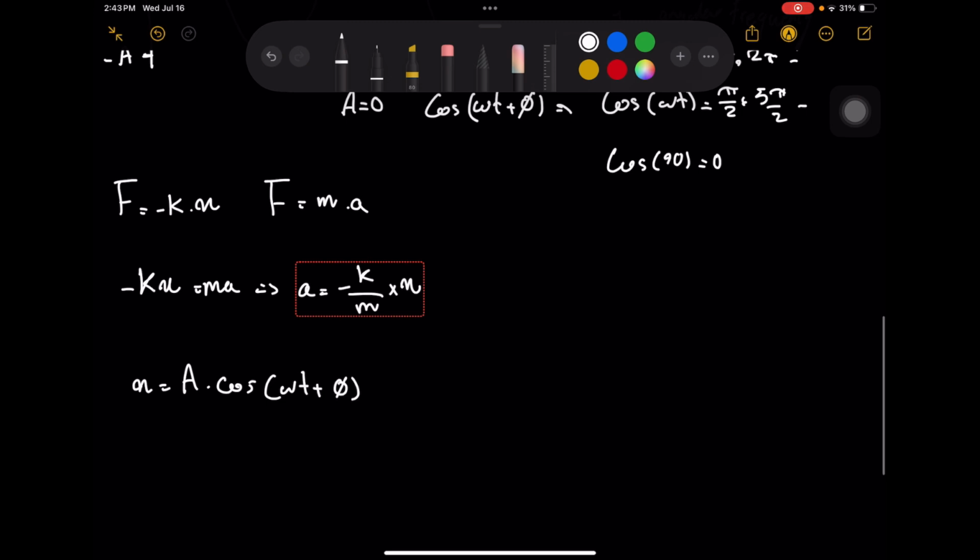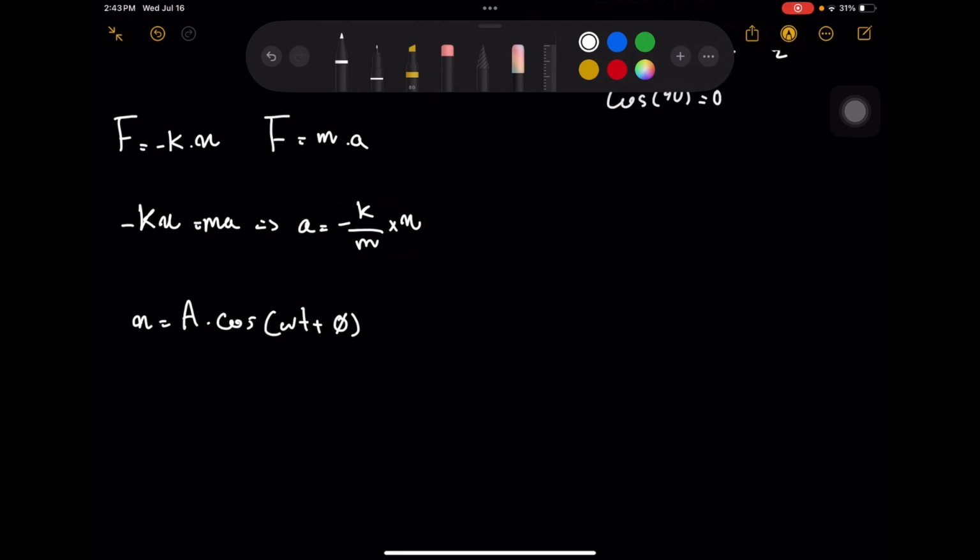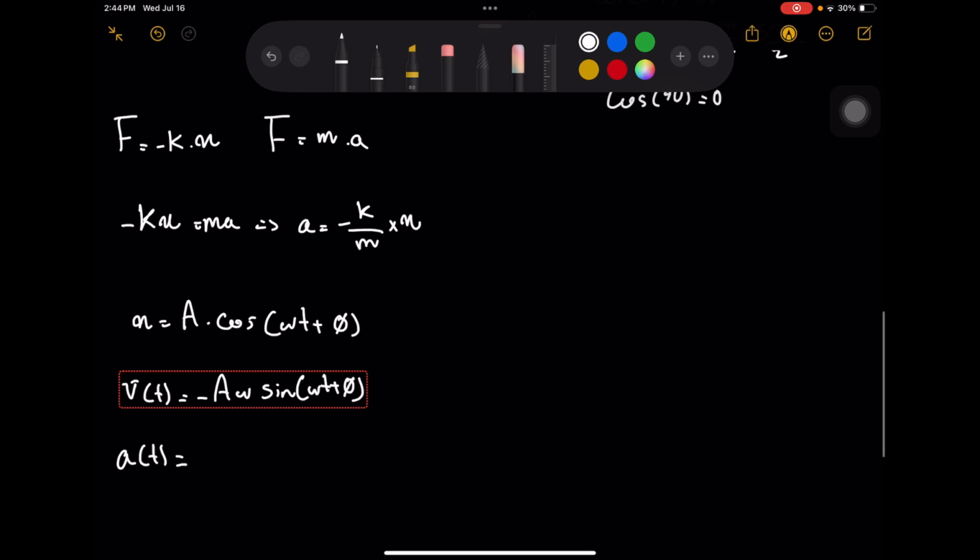Again, using the formula x equals A cosine of omega t plus phi, if we take the derivative of it, we get the formula for the velocity, which is negative A omega sine of omega t plus phi. And if we again take the derivative of the velocity, we get the acceleration, which is negative A omega squared cosine of omega t plus phi.